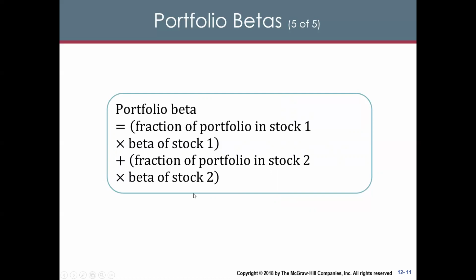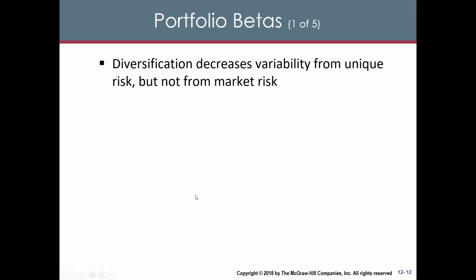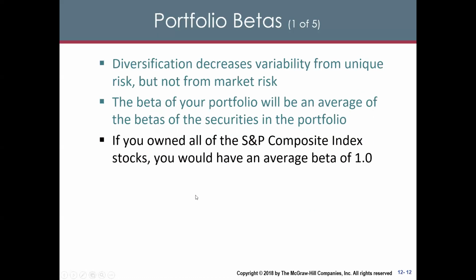Okay, so let's do a recap, a summary here. First, in last class, remember we talked about diversification. By including more stocks in our portfolio, we eliminate the specific risk that comes from each stock, so we can reduce the risk level of the whole portfolio.